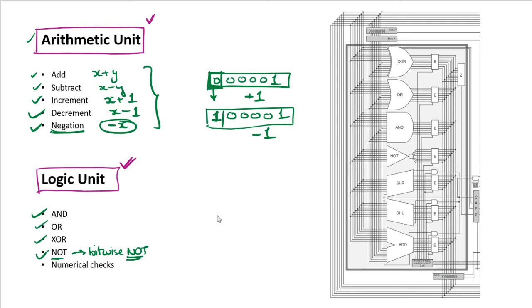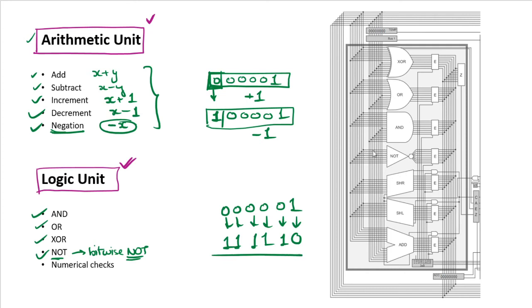What is NOT? If the value is this, it will do bitwise NOT. For each bit it will just toggle the value: 0 to 1, 0 to 1, and so on. So what you can see here is bitwise NOT.